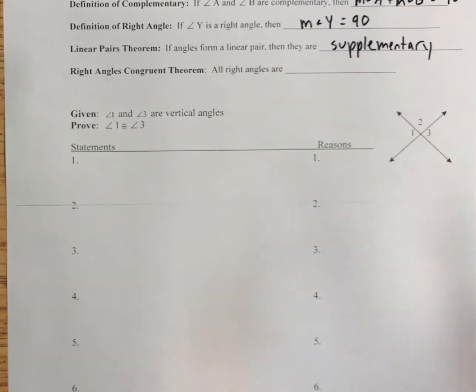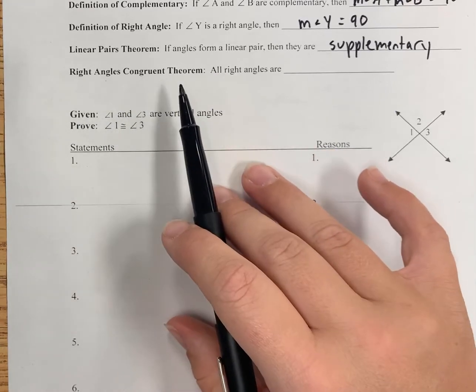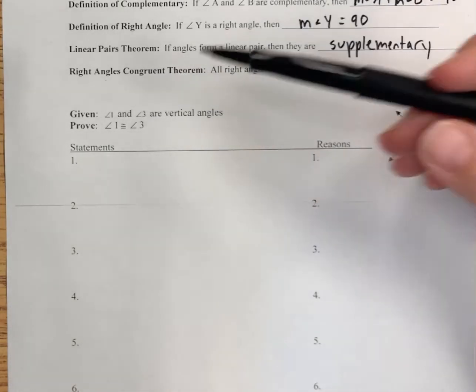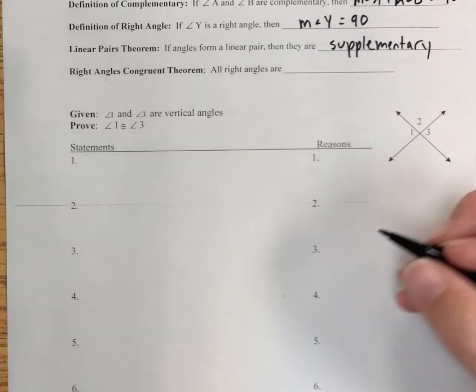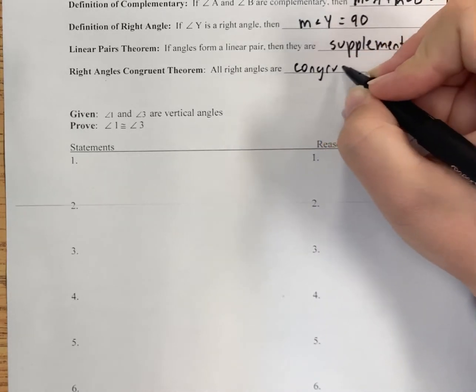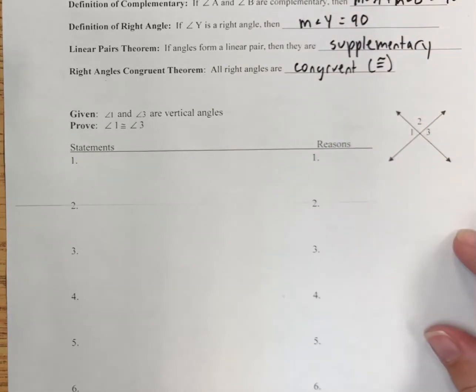And then last theorem says the right angle congruent theorem. This we haven't really specifically talked about, but it makes sense. Basically, the right angles congruent theorem tells us that all right angles are congruent because all 90-degree angles are going to equal each other.